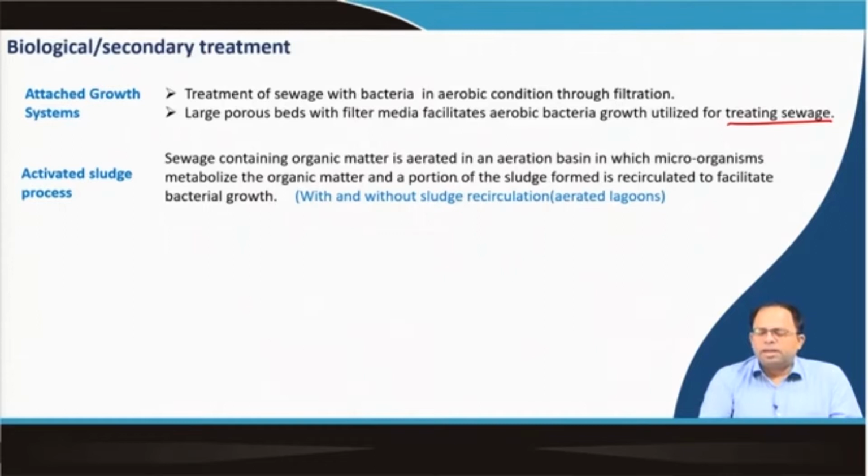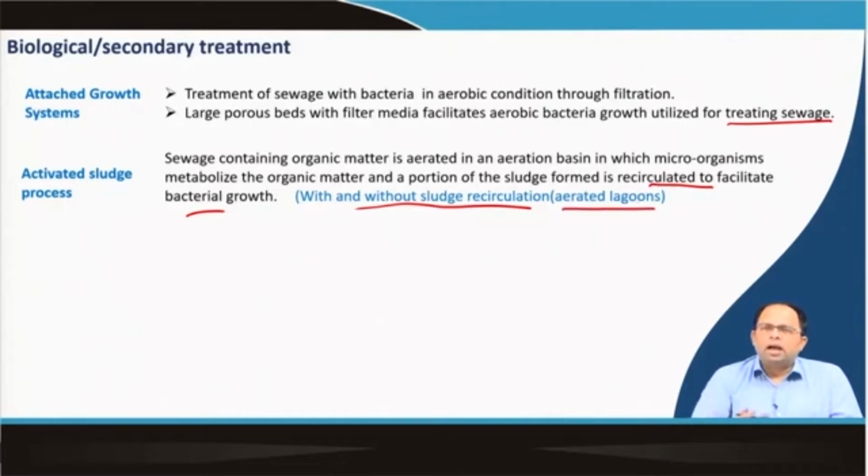So, sewage containing organic matter is aerated in an aeration basin in which microorganisms metabolize the organic matter, and a portion of the sludge formed is recirculated to facilitate further bacterial growth. Sometimes recirculation may not be done, we just do aeration, but there is no recirculation, and this could be referred to as aerated lagoons.